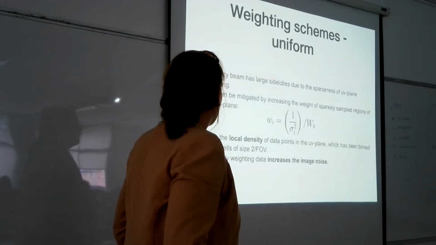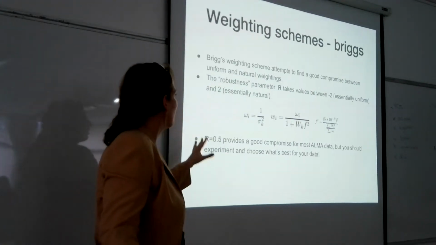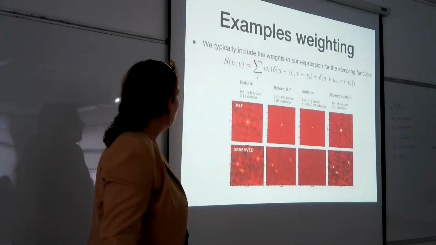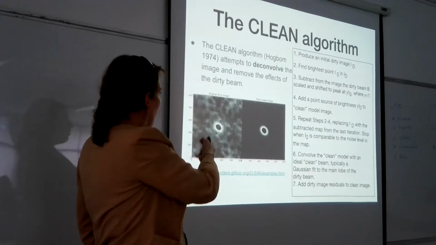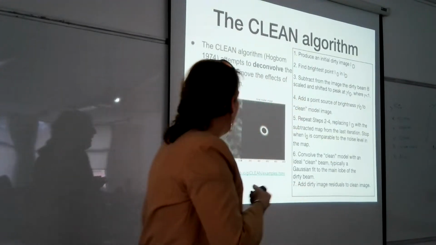So yeah, sorry, I kind of went through this. These are more the formal definitions of the weighting scheme. So I'm just going to skip over this because it's more math. Tapering. Okay. So now we're going back to the cleaning. So you need to make your choice for your weighting, and now we're going to go clean.